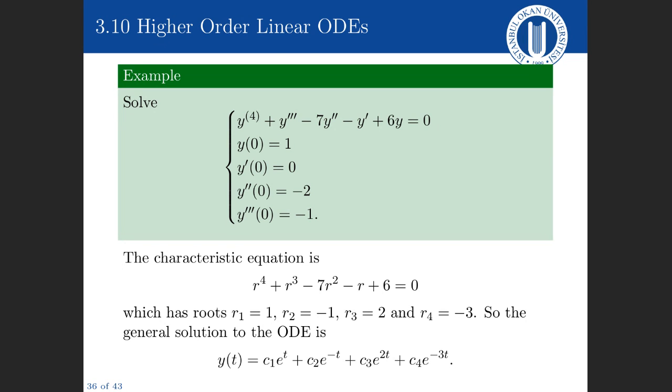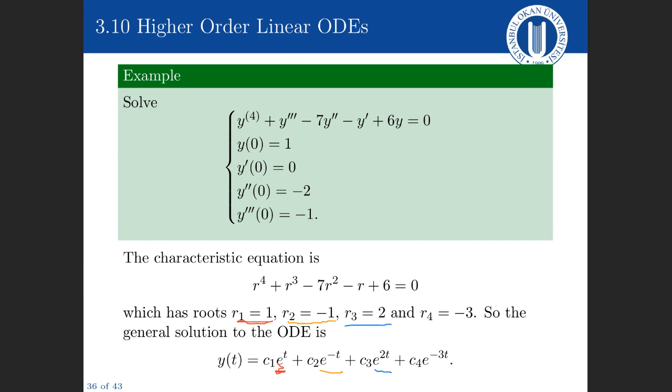First of all, we have r1 is 1, so we can have an e to the power t term. We have r2 is minus 1, so we can have an e to the power minus t term. We have r3 is equal to 2, so there should be an e to the power 2t term.